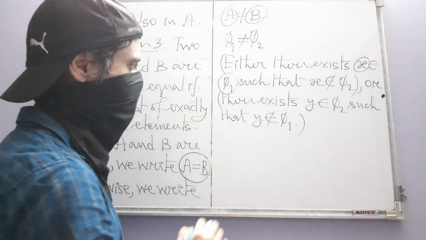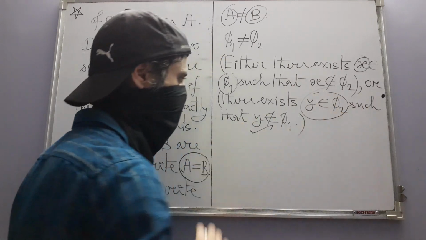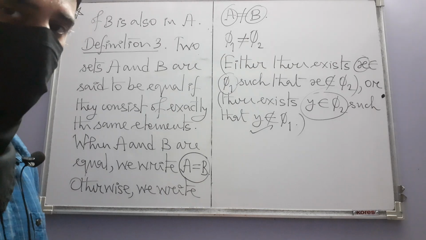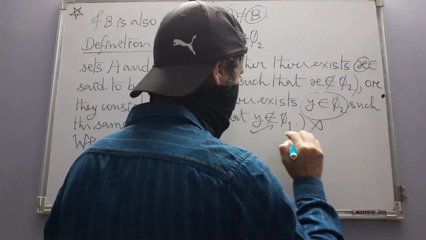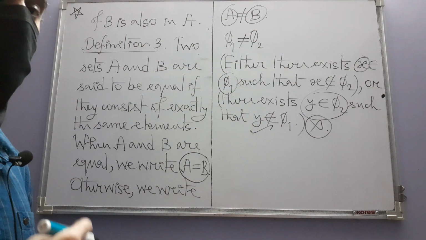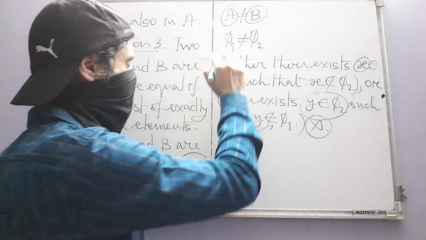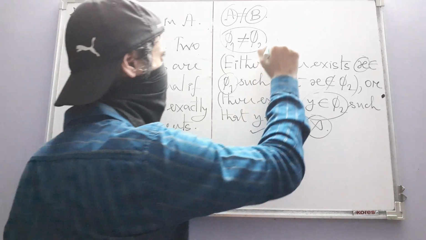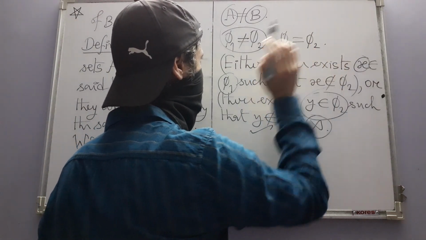And that is also the case with the second part. It is impossible to find a Y in the second empty set simply because the second empty set is also by definition empty. There is nowhere to go. Both of these are impossible, and as a result, this is also impossible, which means that we are forced to conclude this.